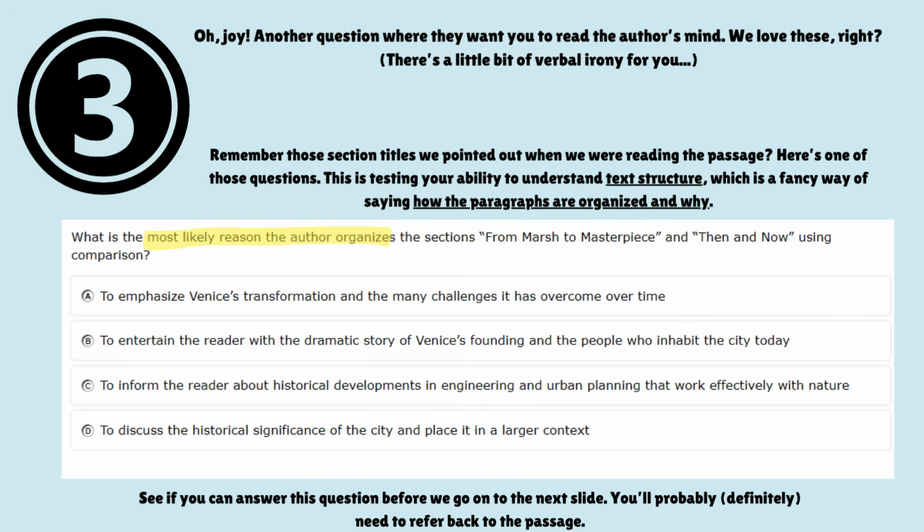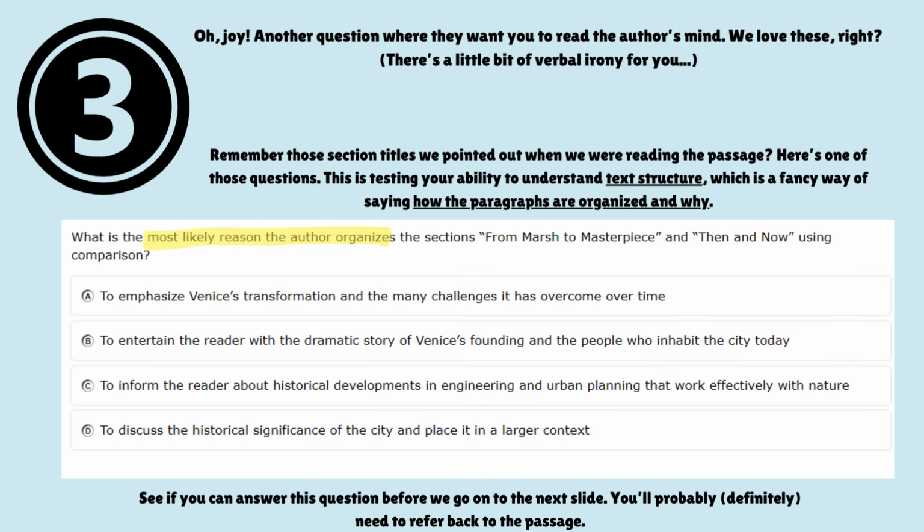Why did the author choose to put this paragraph here and this paragraph here? Why did the author organize this essay the way that he or she did? So here's the question. What is the most likely reason the author organizes the sections from Marsh to Masterpiece and Then and Now using comparison?